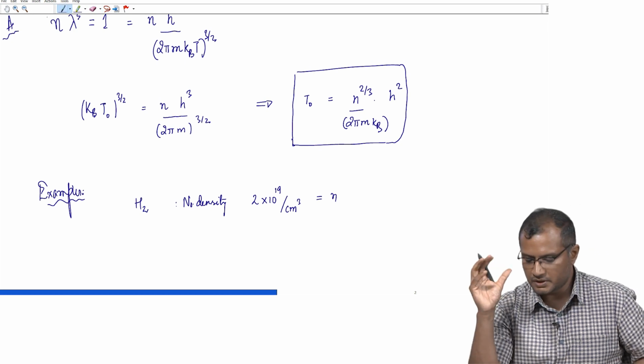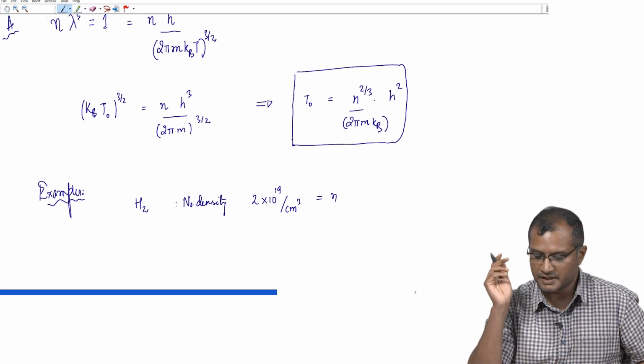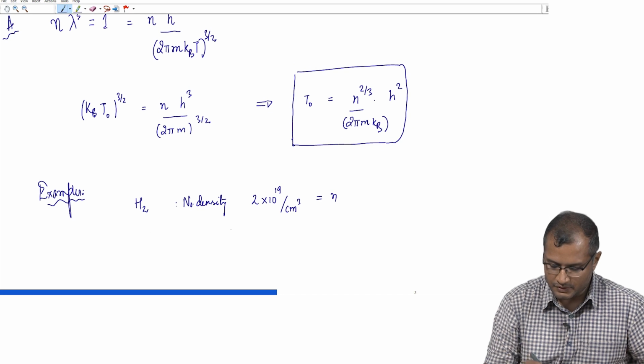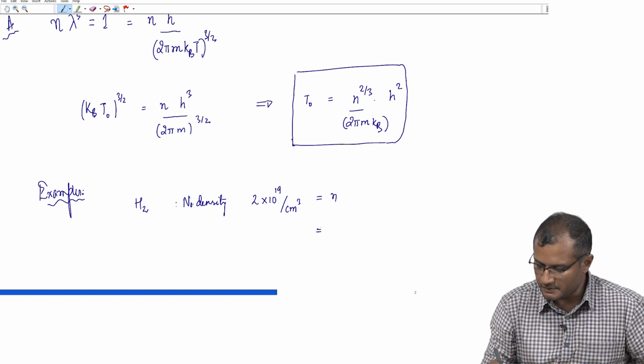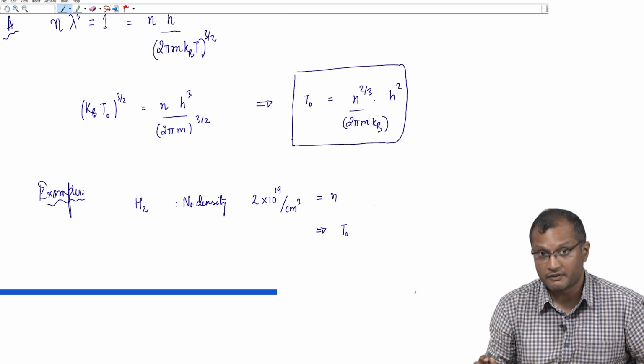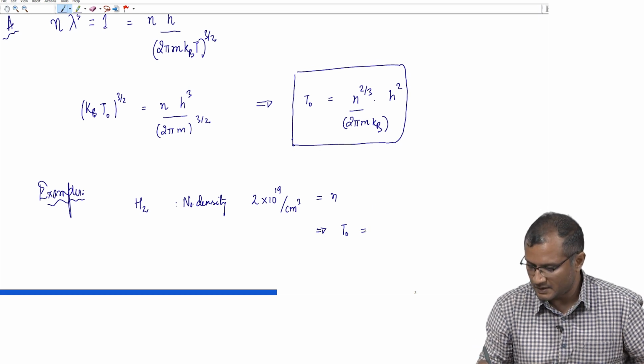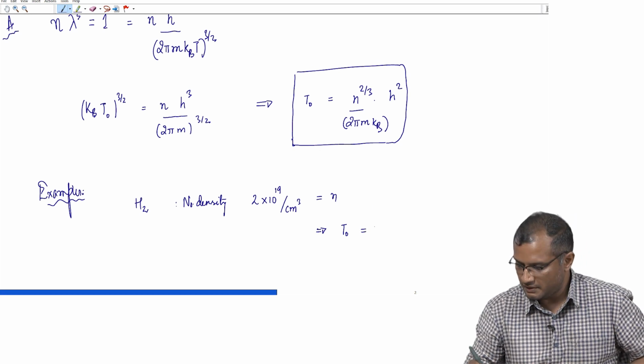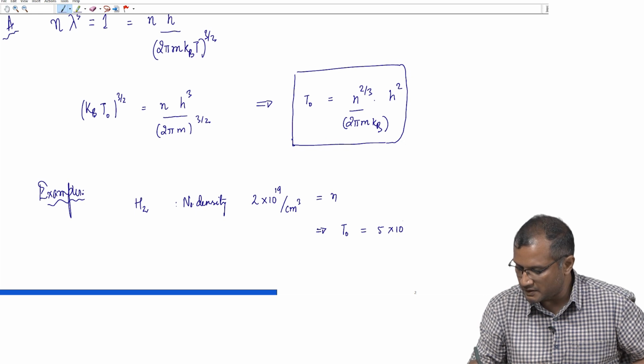Now, if I want to compute the degeneracy temperature, so this gives me the degeneracy temperature. If I compute this, it comes out to be around 5 into 10 to the power minus 2 Kelvin.